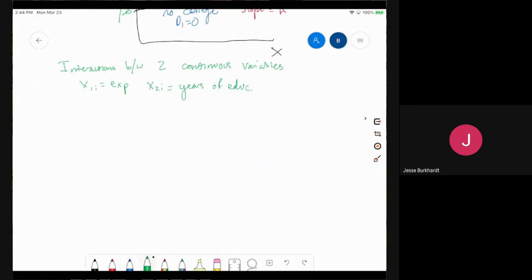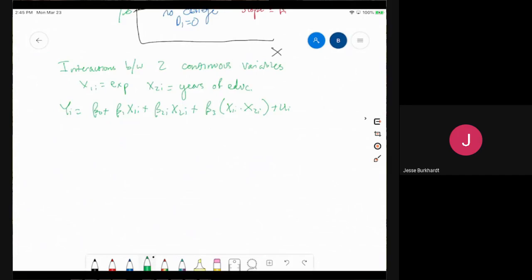And we have this model, plus, times x2i. So sorry, that's a u. Okay, we're going to have x1 entering linearly, x2 entering linearly, and x1 and x2 interacted with one another.